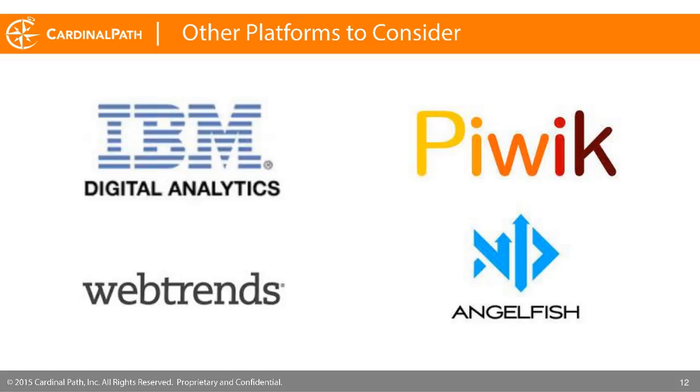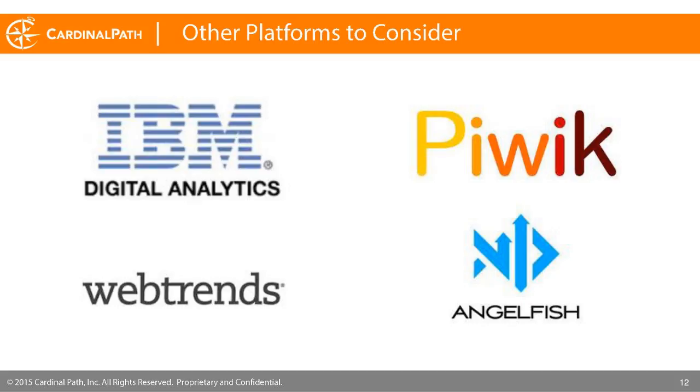WebTrends has also been around for quite some time, and it's one of the only original vendors that has not been purchased or amalgamated into a larger platform. They offer a real-time data streaming service which allows for real-time marketing automation, personalization, and retargeting. Piwik is a free open source tool that provides the option to host the data yourself or pay to have it hosted in their cloud hosting environment.